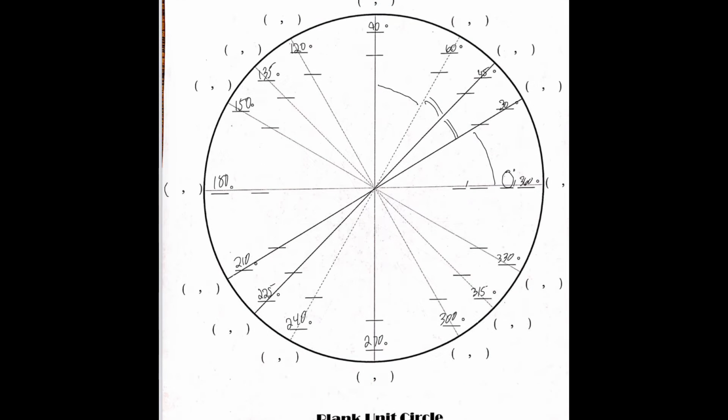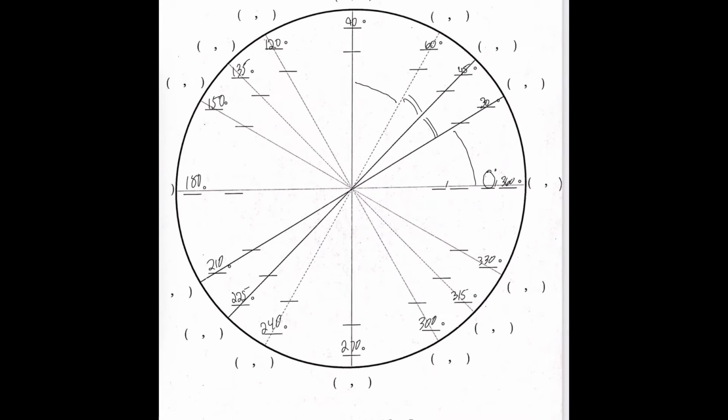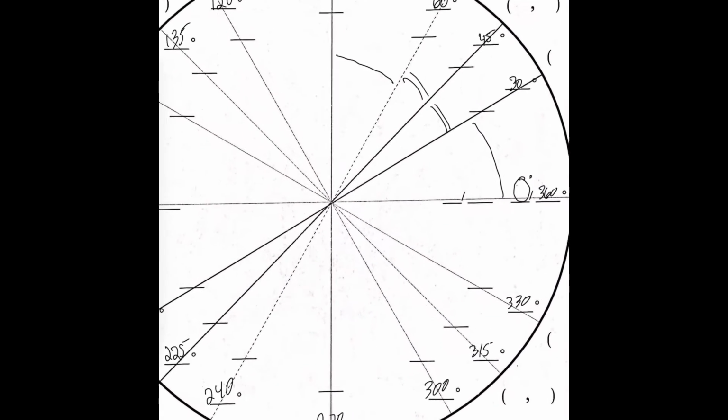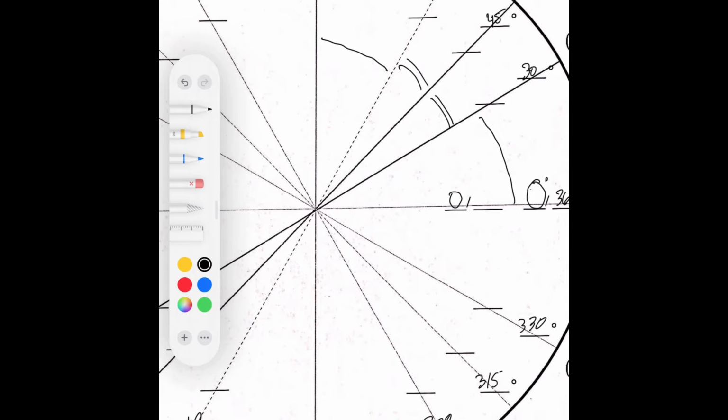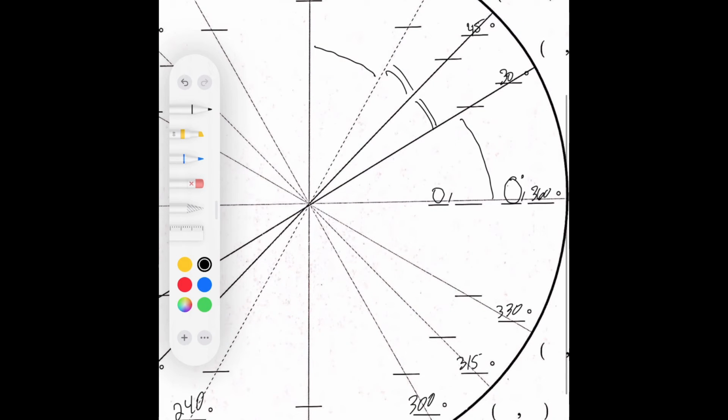All right, now let's do our radians. These are in terms of pi. We will start out with 0 radians. Then we'll go up to 30 degrees, and every 30 degrees you go is a 1/6 pi, or pi over 6.